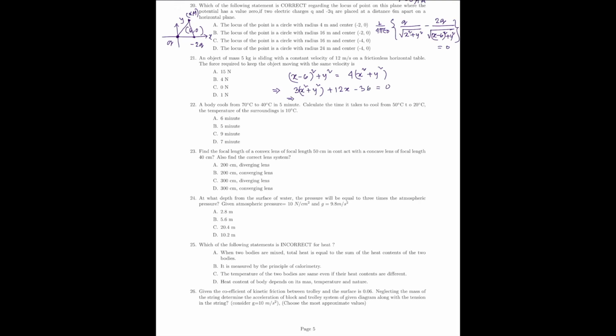So x squared plus y squared plus 4x minus 12 is 0. As you can see, you can add and subtract 4, and then you will get x plus 2 whole square plus y square is 16, which is 4 square.